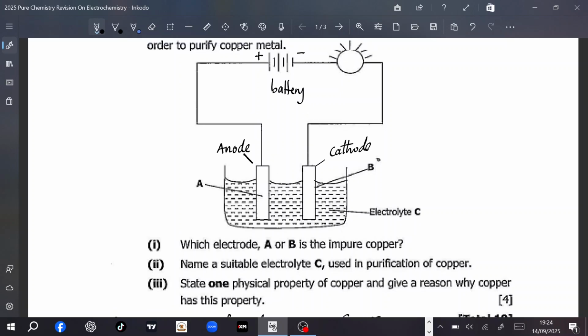So the question says, Roman numeral 1, which electrode, A or B, is the impure copper?